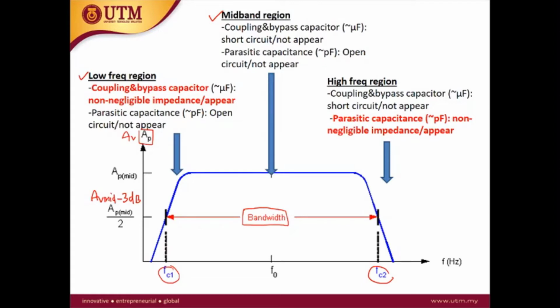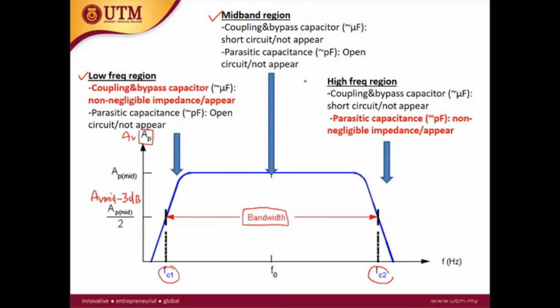So in the mid-band equivalent circuit, you will not see any coupling or bypass capacitor. Inside the device or transistor itself, we have what we call parasitic capacitance. This parasitic capacitance is very small, in the picofarad order.